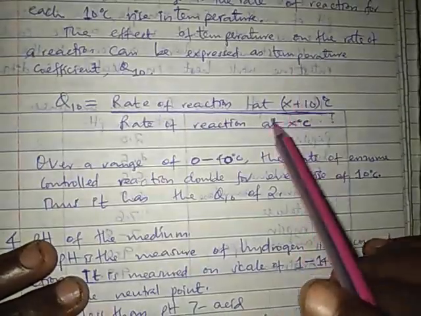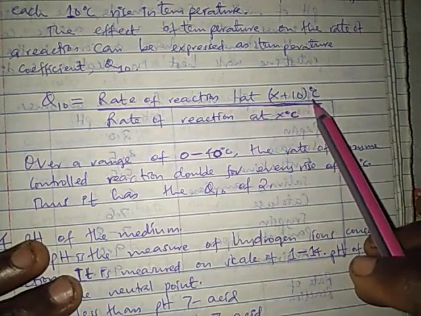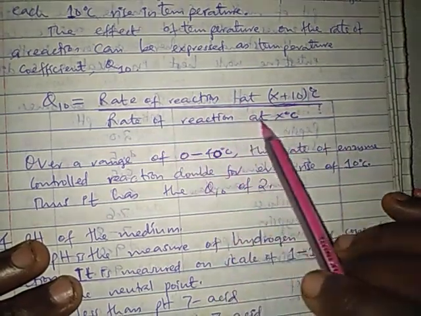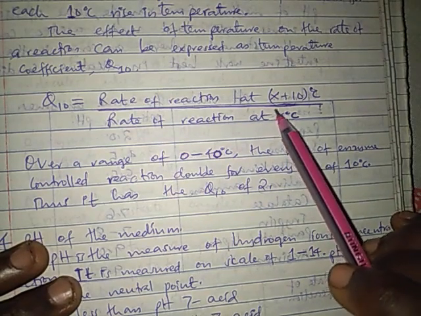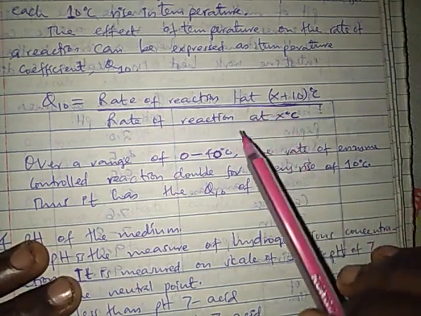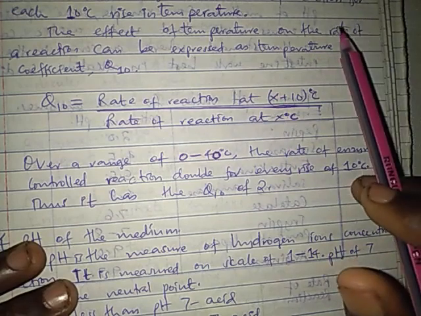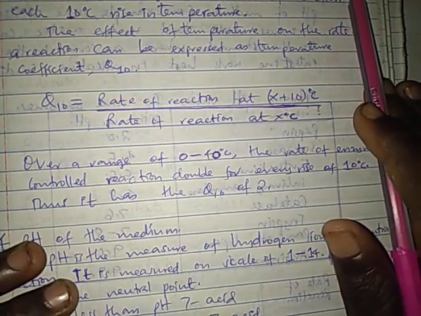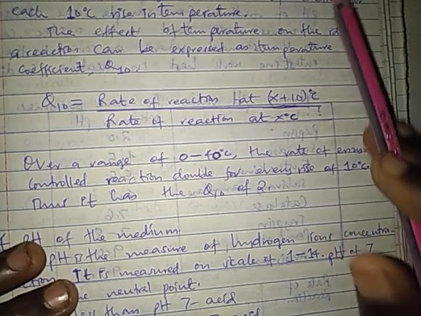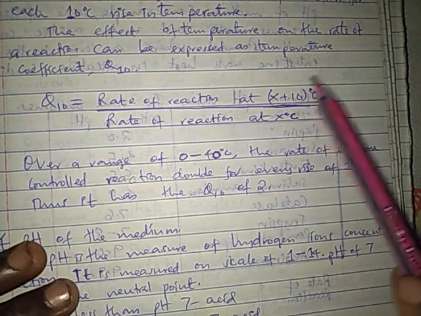So Q10 is the rate of reaction at x plus 10 degrees centigrade, then rate of reaction at x degrees centigrade. So the increase in the rate of reaction by the increase of 10 degrees centigrade, then divided by the normal rate of the reaction.